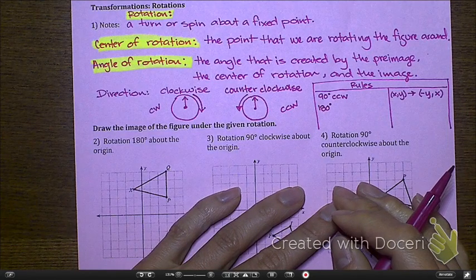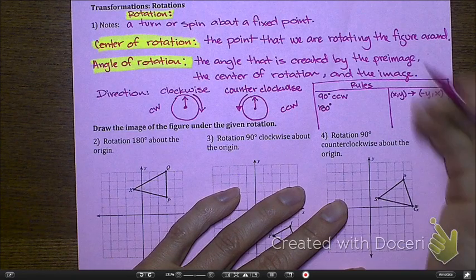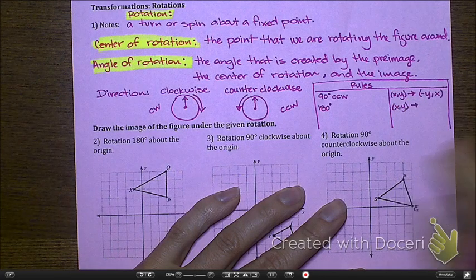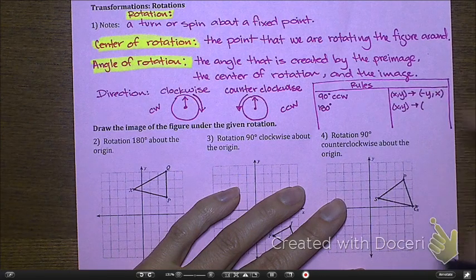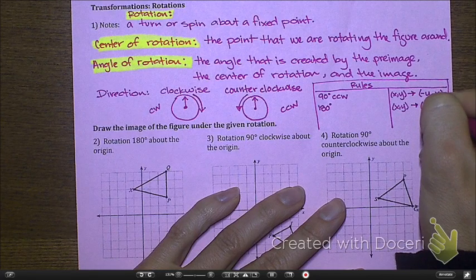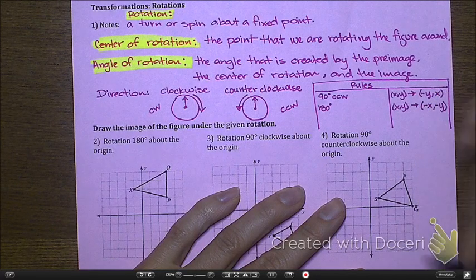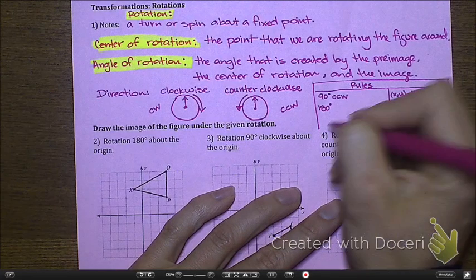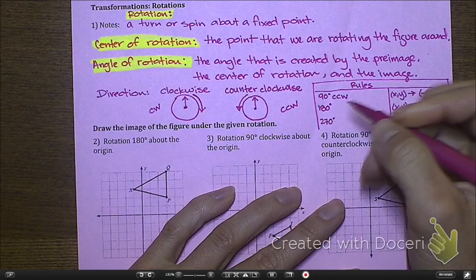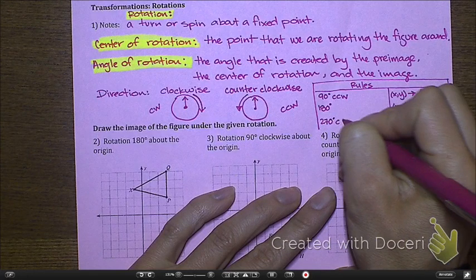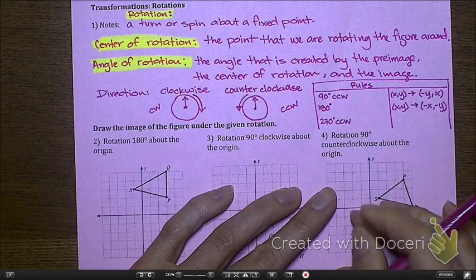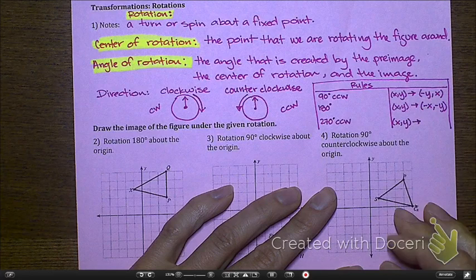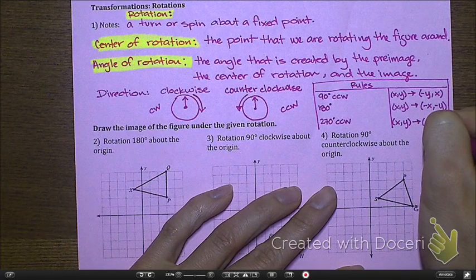For a 180 degree rotation, the rule is the original X and Y are going to stay in the same position, but their coordinates become negative. And then a 270 degree rotation counterclockwise: original coordinates are going to change places, but the X becomes negative.